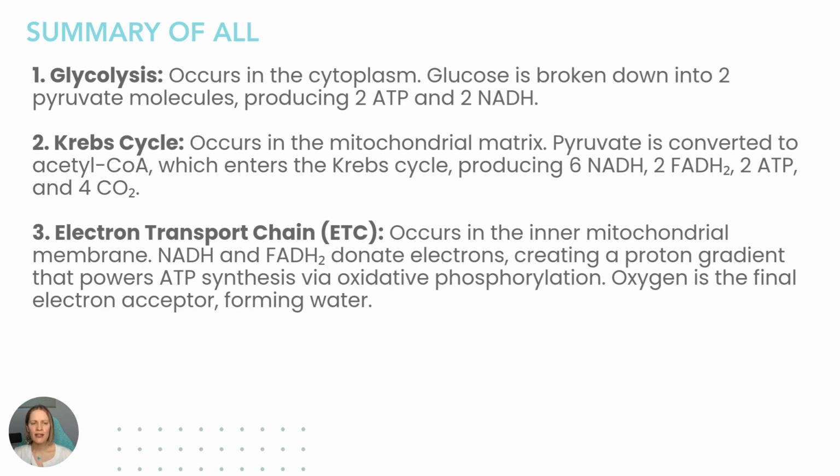Oxygen is the final electron acceptor, forming water. So, to break it down a little bit more, again, glycolysis is 2 ATP, 2 NADH. The Krebs cycle is 6 NADH, 2 FADH2, 2 ATP, and 4 CO2, whereas the electron transport chain forms water, if you want to keep it that simple.